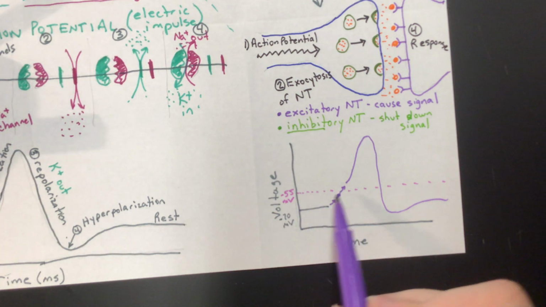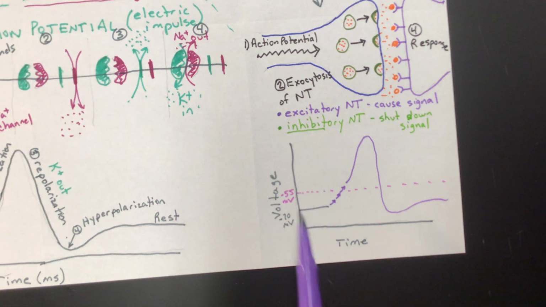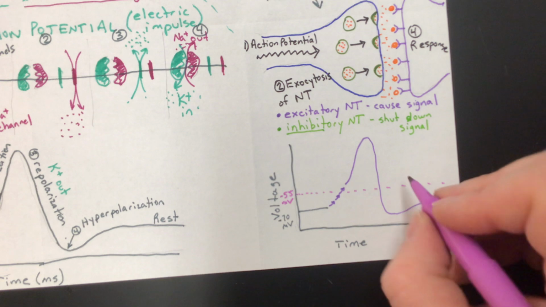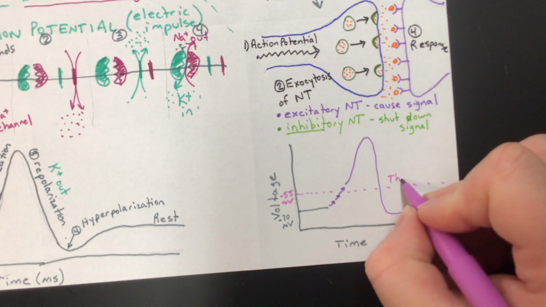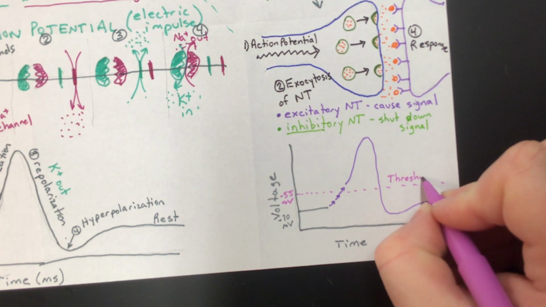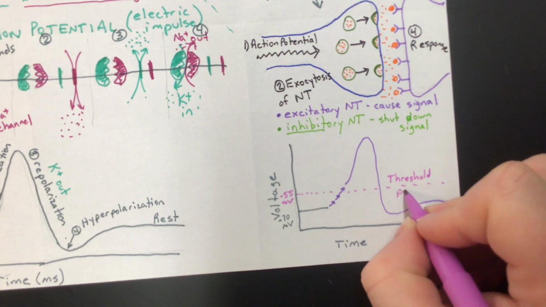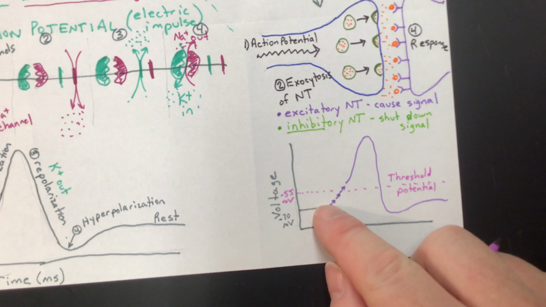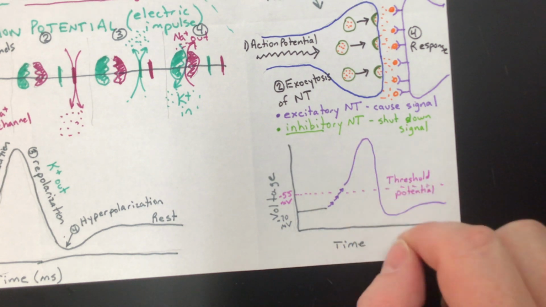And once this minus 55 millivolts is reached, that's the magic number to cause this response. And this is called the threshold potential. So once minus 55 is reached, this whole response happens. Let's draw that in over here too.